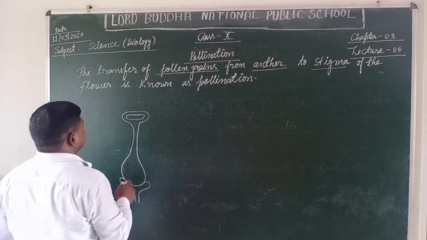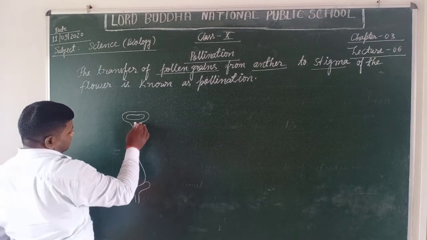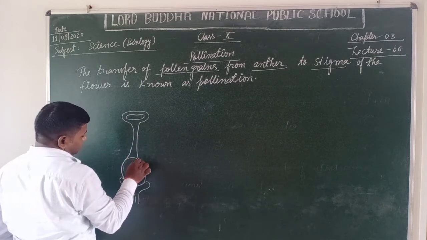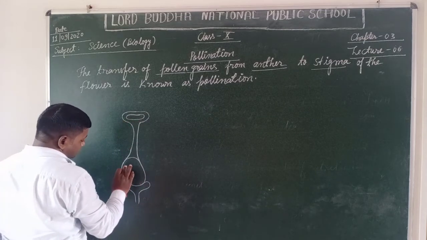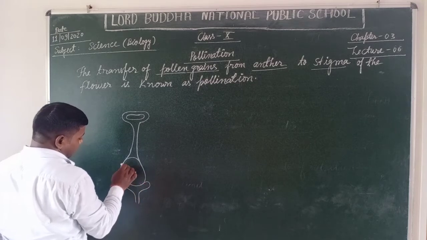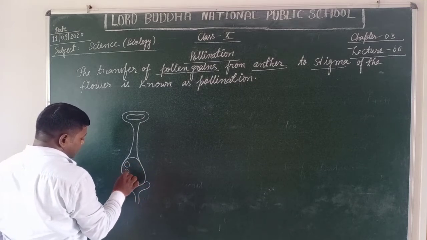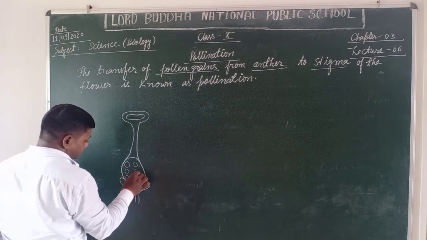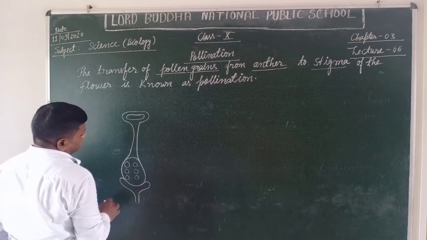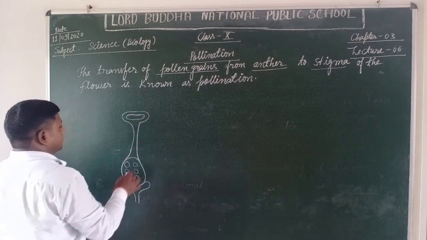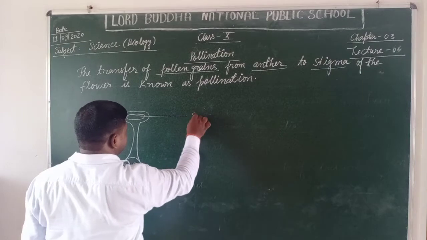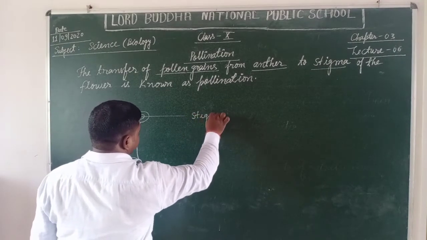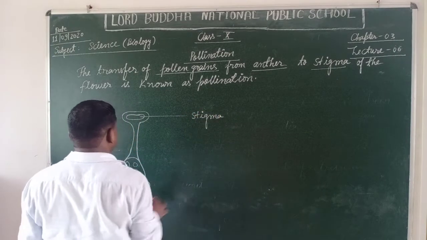This is the topmost, knob-like or somewhat flattened part of the female reproductive part. This is called the stigma.